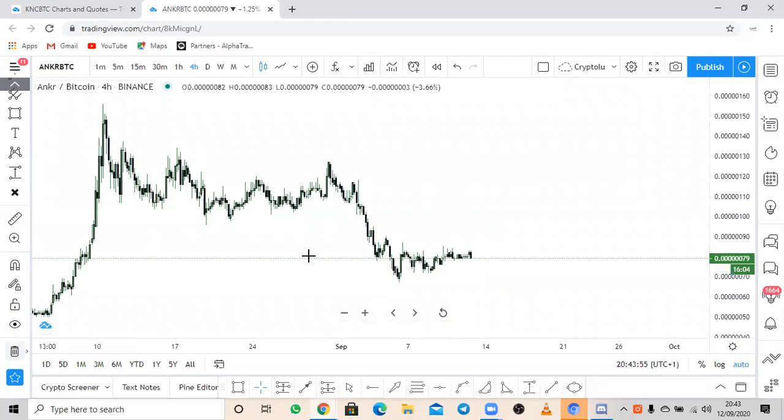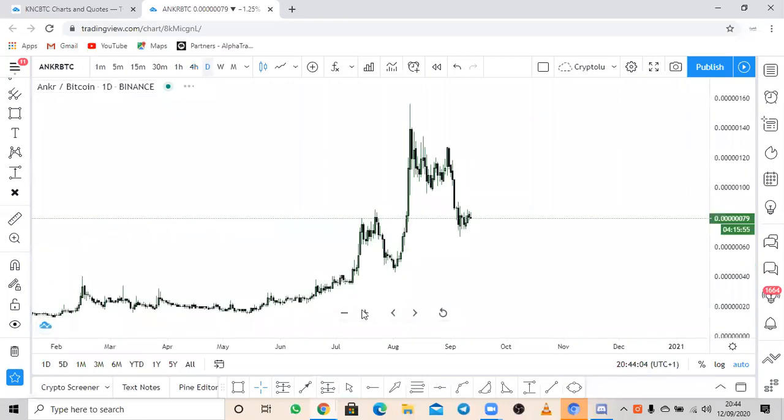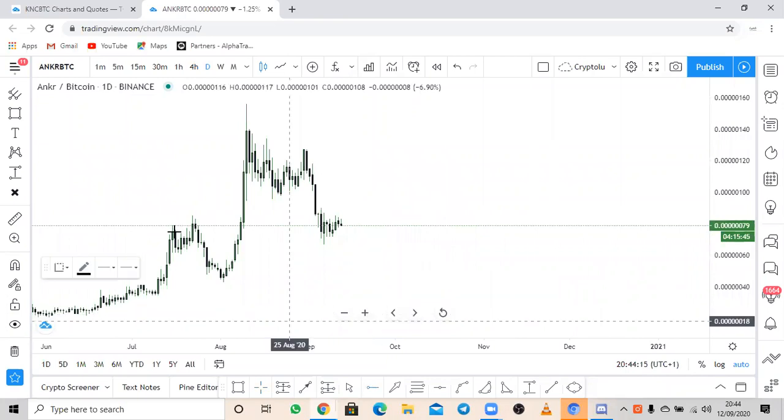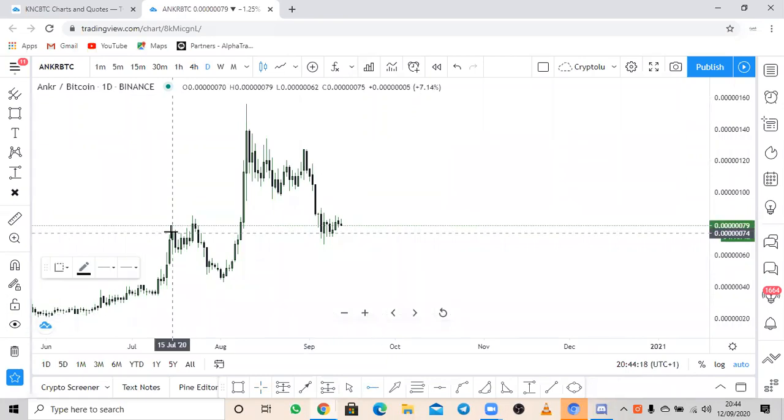Now for ANKR on the daily chart, we have a support level here. Price is on the support level.